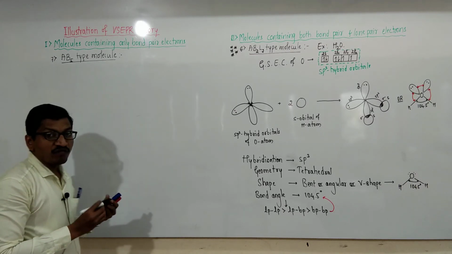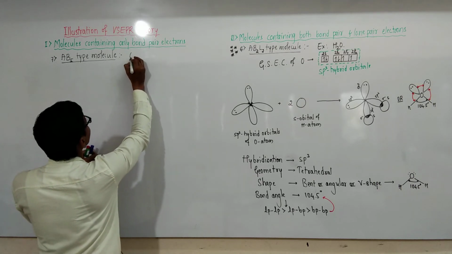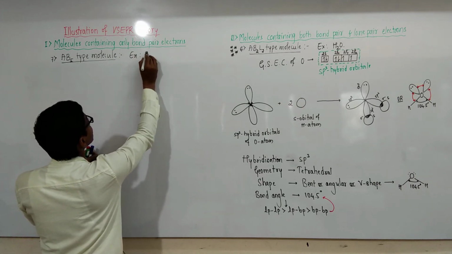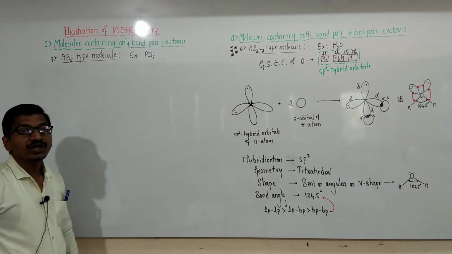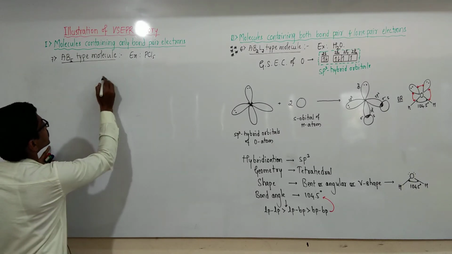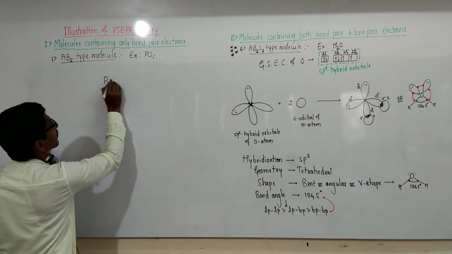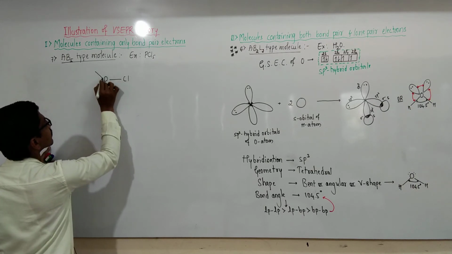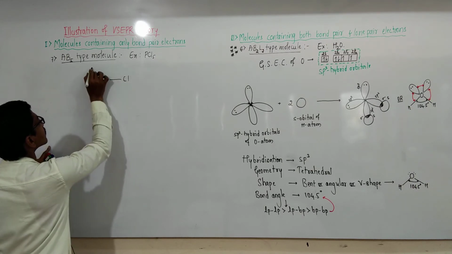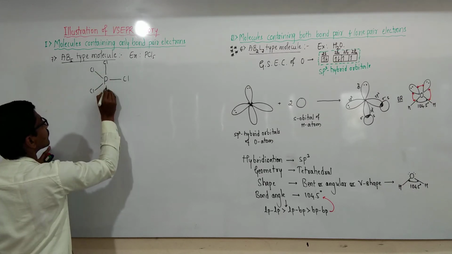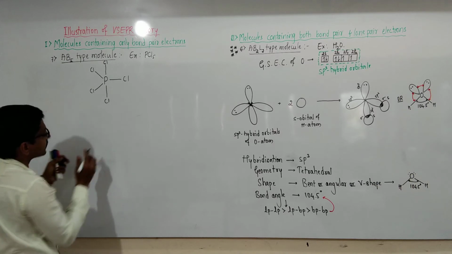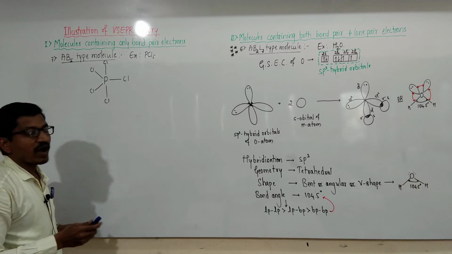AB5 type of molecule, example is PCl5. This was already discussed in hybridization. The shape of the molecule is Cl. This is the PCl5 molecule.